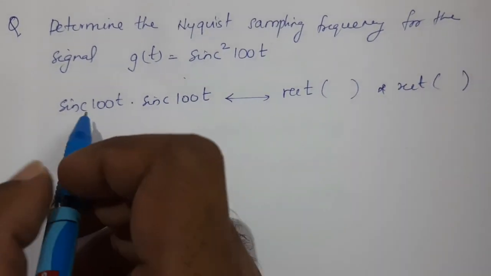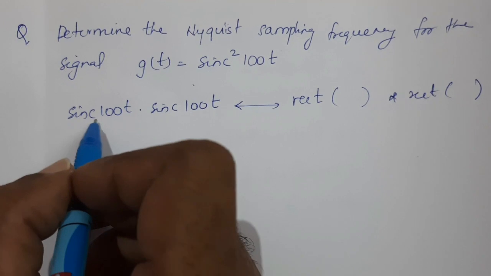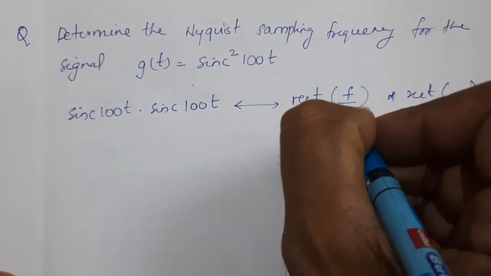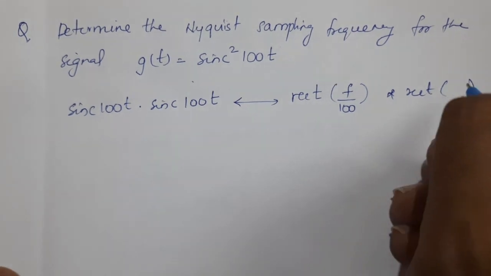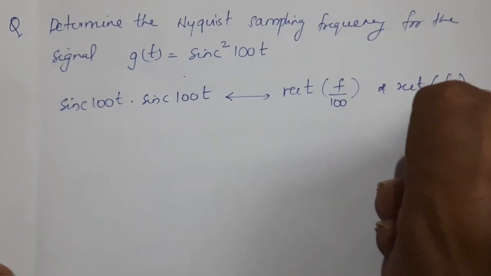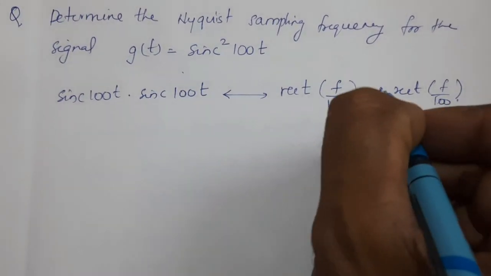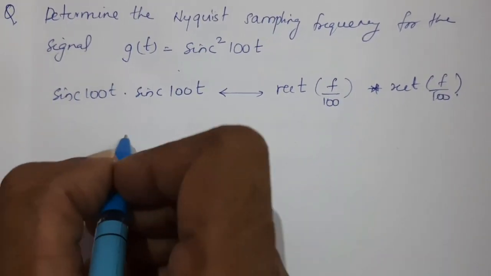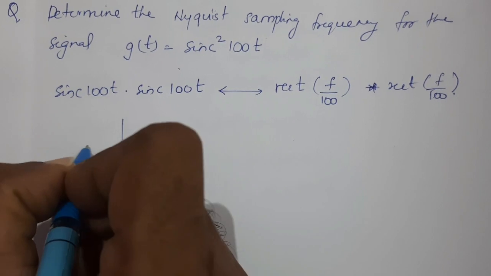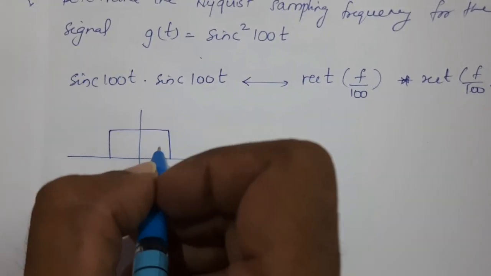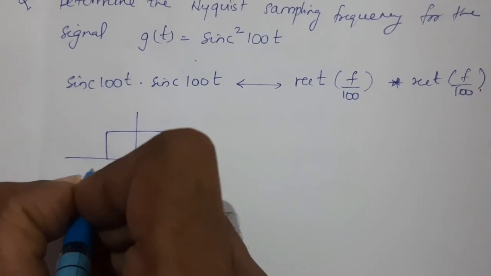So we know that sinc(100t) can be written as rect(f/100), right? Rect(f/100) convolved with rect(f/100). So we can graphically represent this rect function. We know that the total width of the rect function is 100. So this will be 50 and this will be minus 50.